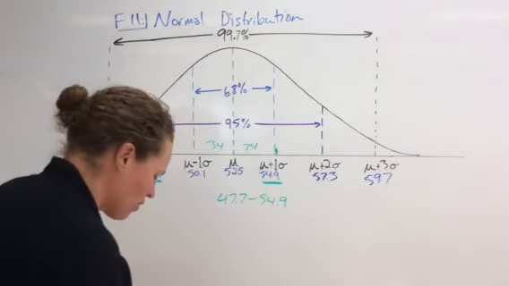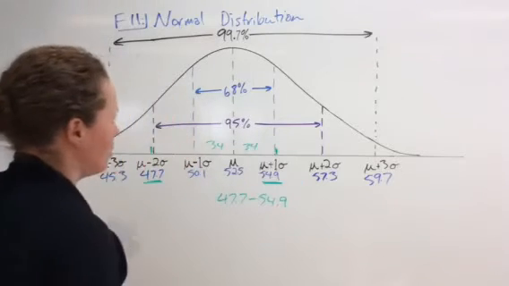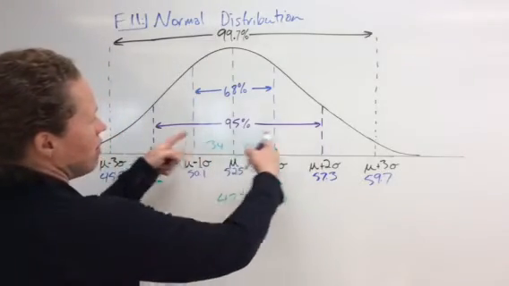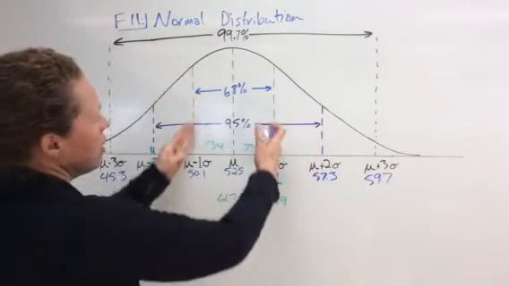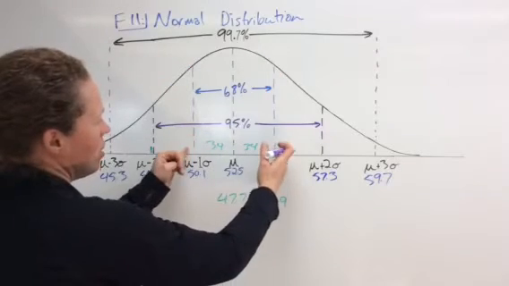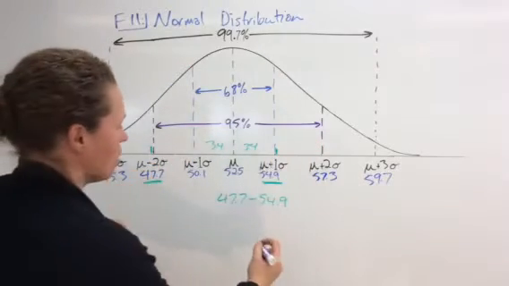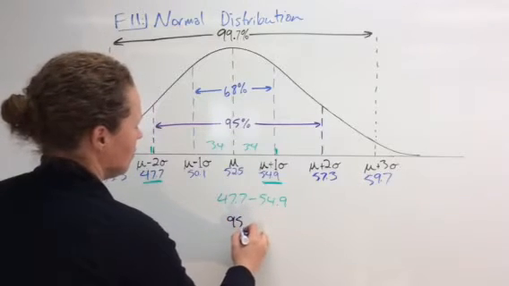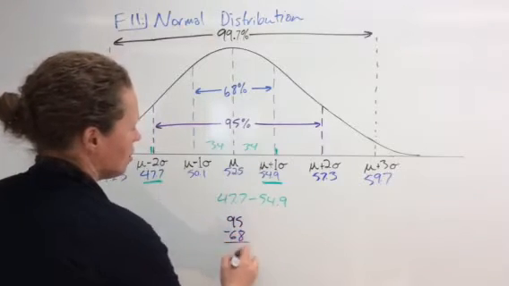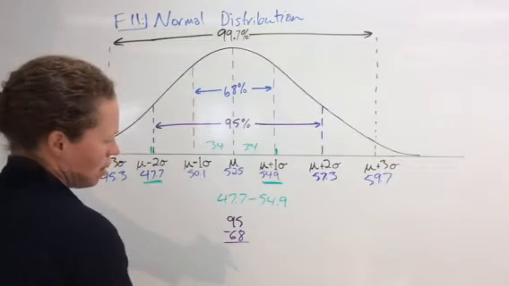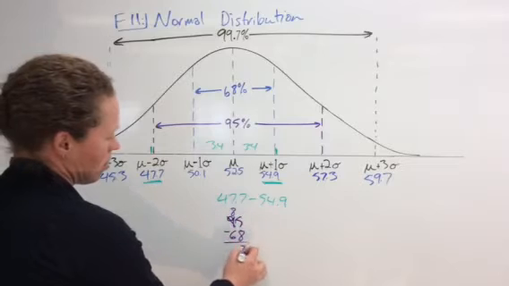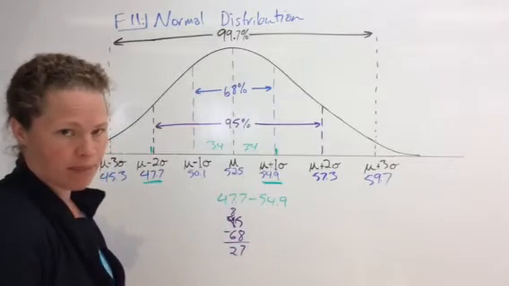And then if we went further, we could do a little bit of math, and go, okay, well the rest of this is 95%, but we've already accounted for 68%. So what are these little wings worth? Well, 95 minus 68 leaves 27.